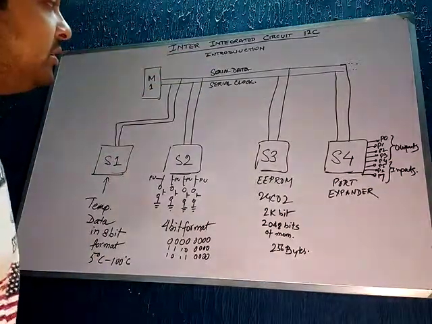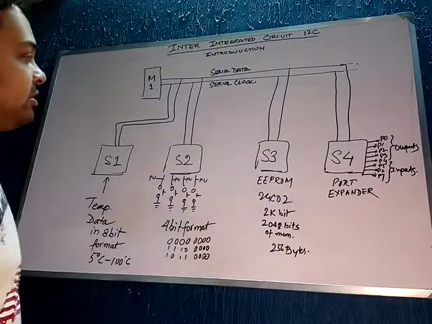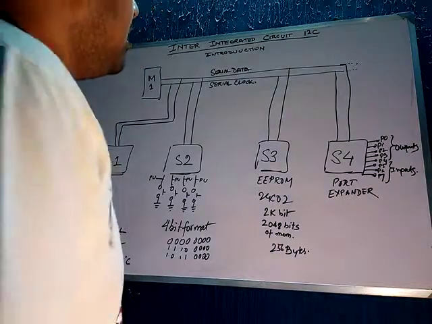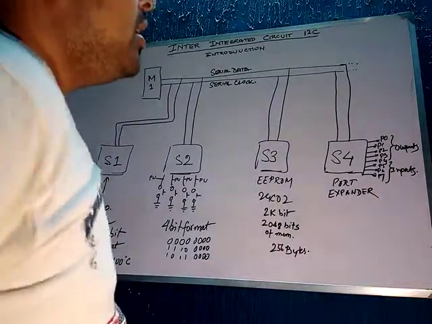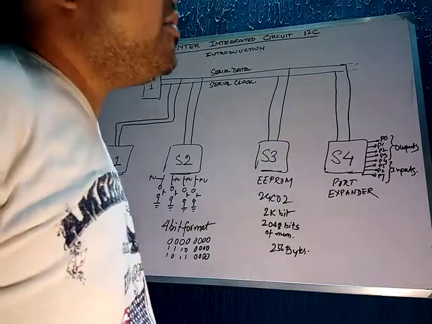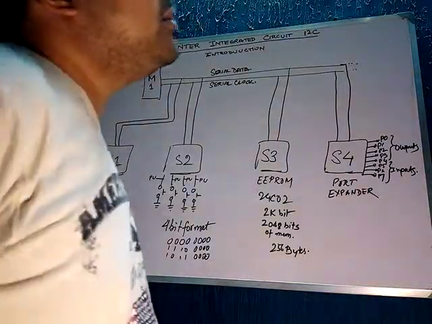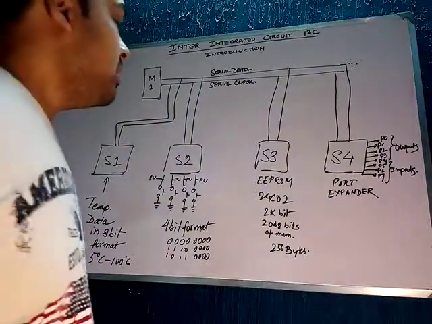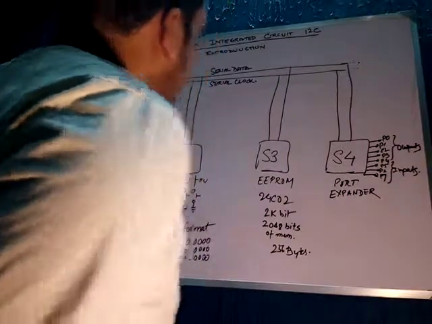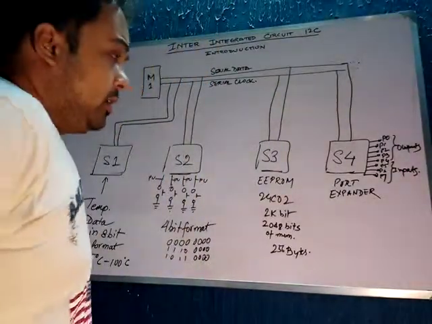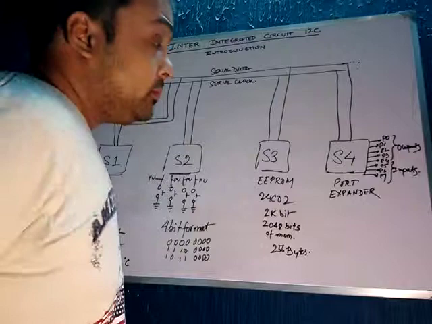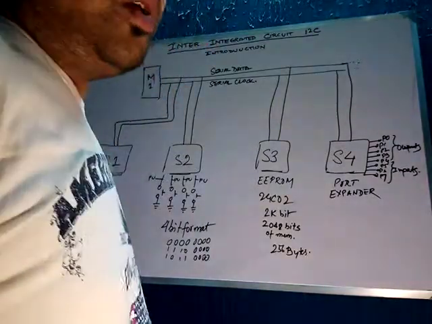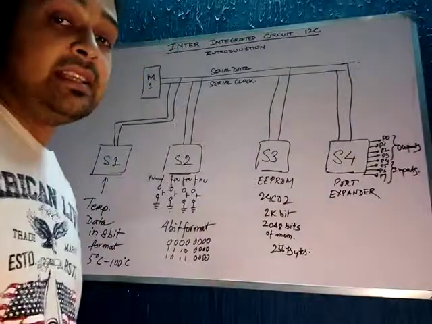The reason is that for I2C communication, for serial data and serial clock, the data line is used for some purposes, and the clock line is used for one purpose. What are they? The data line and the clock line will tell the system or the slaves whether the communication has to start or not.